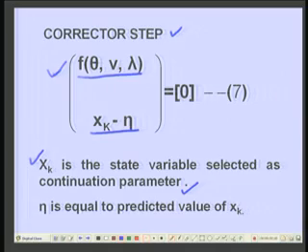Therefore xk is one of the state variables and is chosen as the continuation parameter, and eta stands for the predicted value of xk.